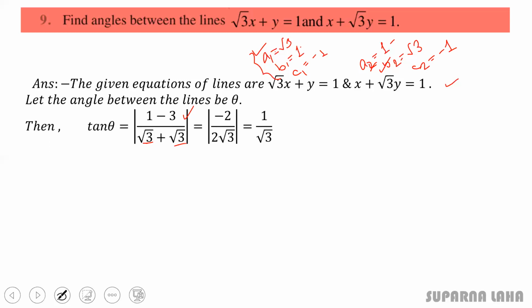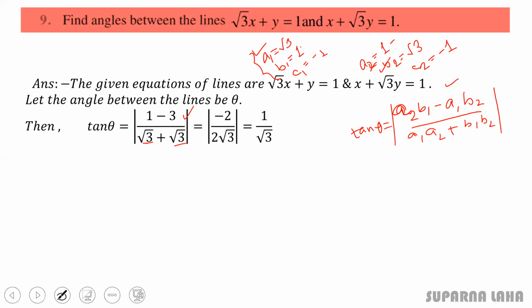So A1 A2 plus B1 B2. This is the formula. A2 B1 minus A1 B2 by A1 A2 plus B1 B2 is the formula for tan theta.